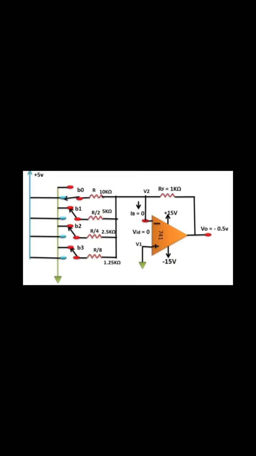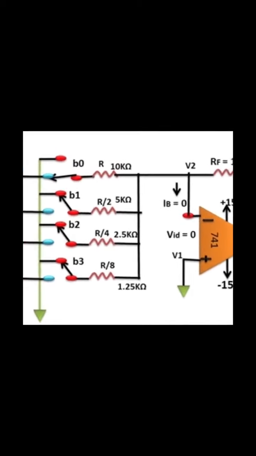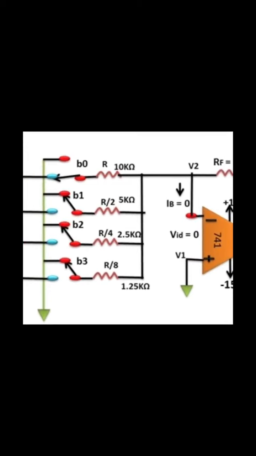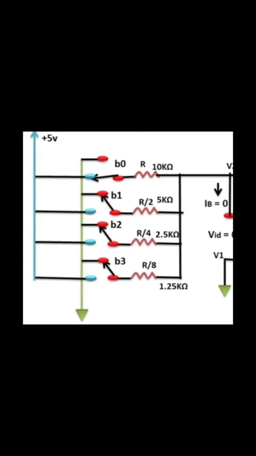When, for example, switch B0 is closed, or in the on state, then it is connected to plus 5 volt, that is the voltage across R is now 5 volt, because V2 is equal to V1 is equal to 0 volt, as I have explained before.